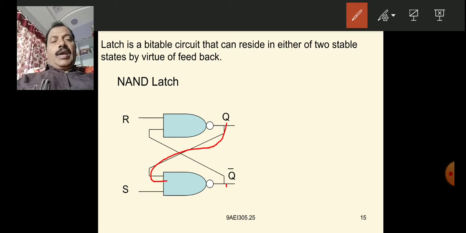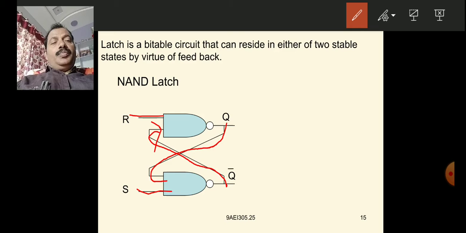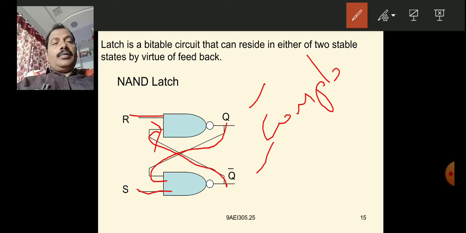The output of this NAND gate is fed back as input to this NAND gate like this. This is very important. This input is called R, this input is called S, and you have the outputs Q and Q bar, complementary outputs.